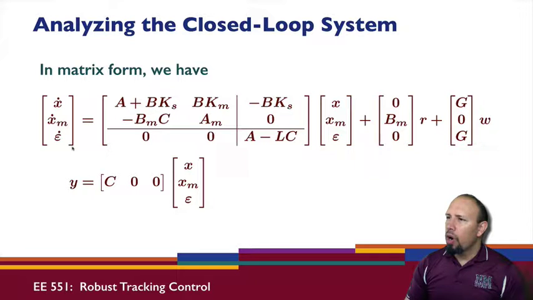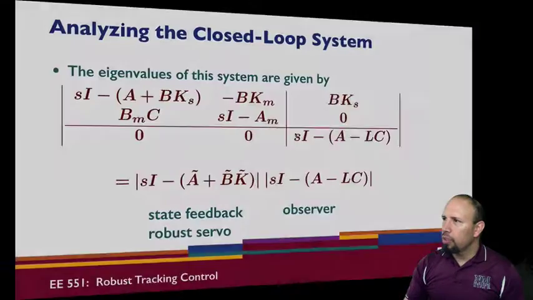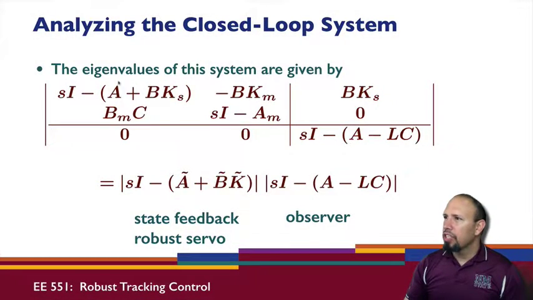So in matrix form, in error coordinates, this is what we have. We can see that in these coordinates, the stability of our system is determined by the stability of this matrix and the stability of this matrix. When we compute the eigenvalues of the overall system, we get the eigenvalues of this matrix and the eigenvalues of this matrix.